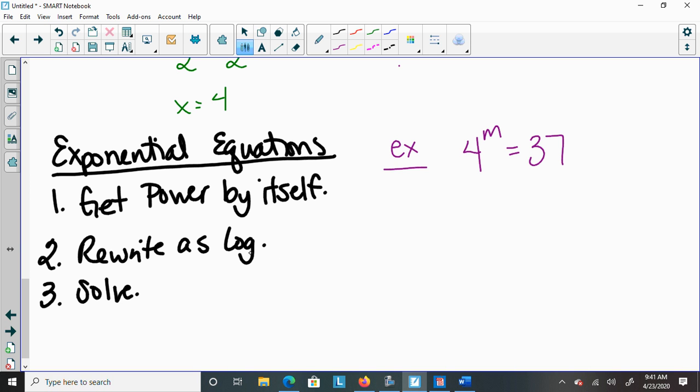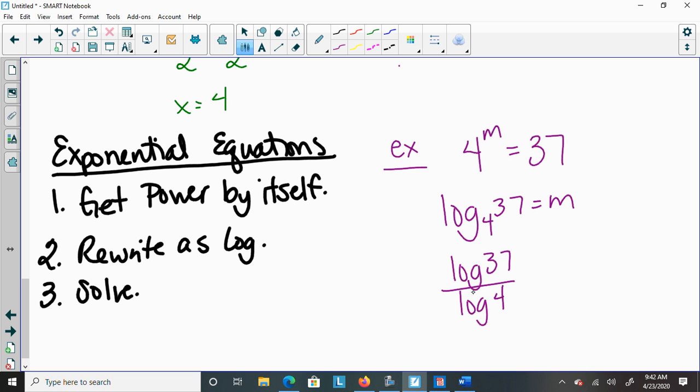Step 2, we want to rewrite this as a log. So remember, we go log base 4 of 37 is equal to m. I can double check: 4 to the m is 37. Good, I have it the right way. And now I just have to put this in the calculator: log 37 divided by log 4.